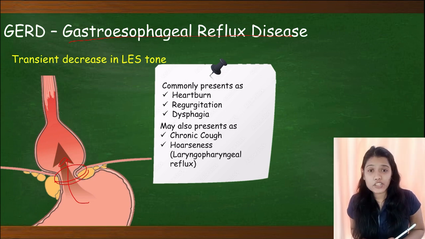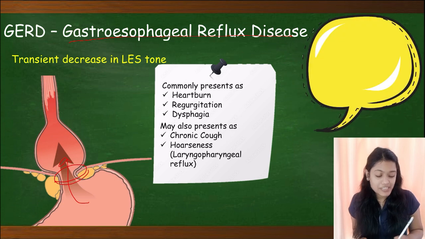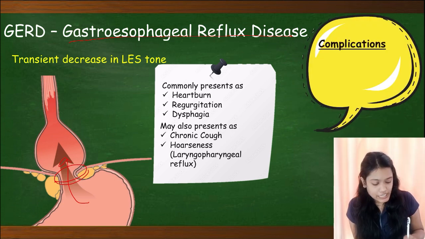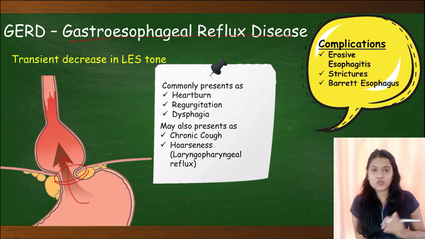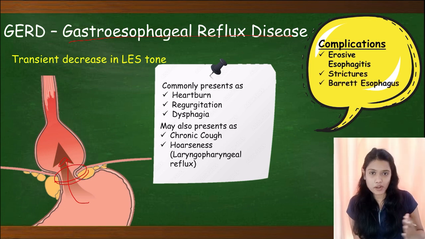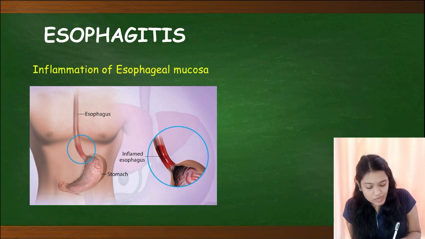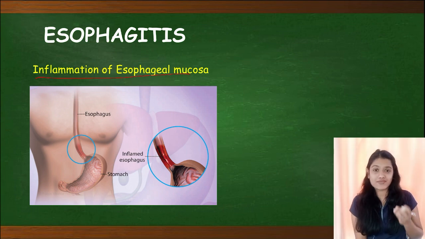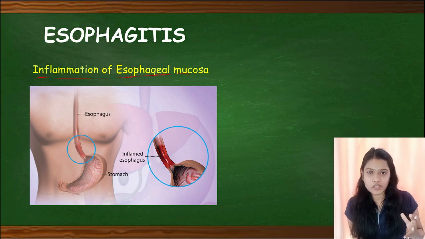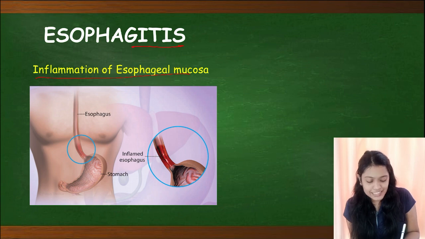What can be the complications of GERD? There are mainly three complications of GERD: erosive esophagitis, strictures, and Barrett esophagus. Let's discuss all these complications one by one. Starting with esophagitis. Esophagitis is inflammation of the esophageal mucosa. Itis means inflammation.